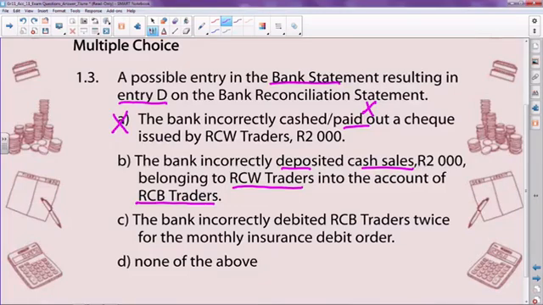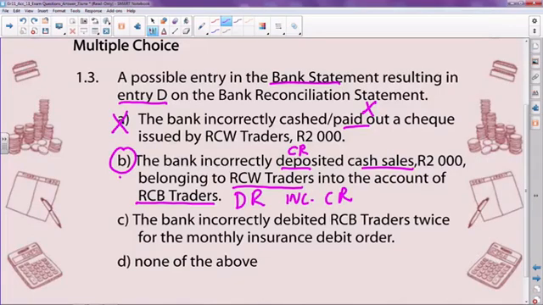Right, so immediately the bank obviously credited, they deposited 2,000 Rand belonging to another business into RCB traders' account. So this entry would then result in us debiting on the bank reconciliation statement, so debit the incorrect credit that was made. So immediately it has to be alternative B.